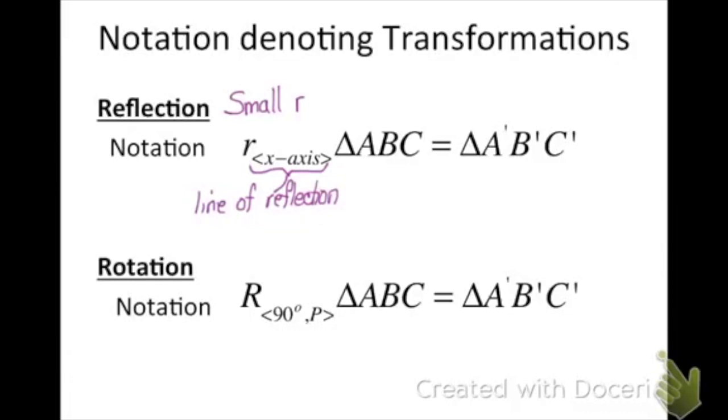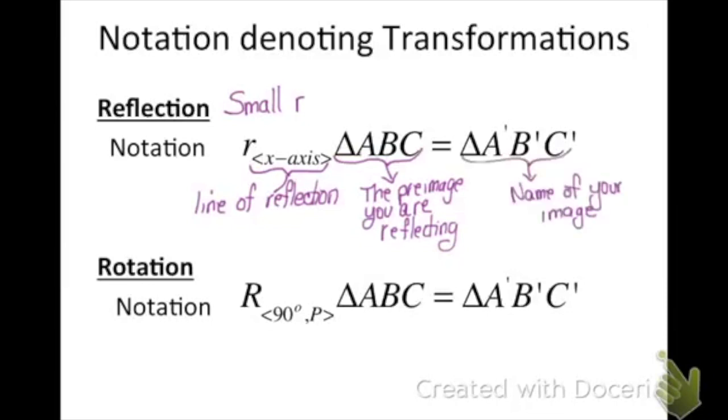Because when you reflect, you always reflect over or in or around a line of reflection, also called the line of symmetry. Then they will often tell you what it is that you are reflecting. So in this case, my pre-image is triangle ABC, and they might even tell you the name they want you to give to your image. In this case, they want us to name our image A prime, B prime, C prime.